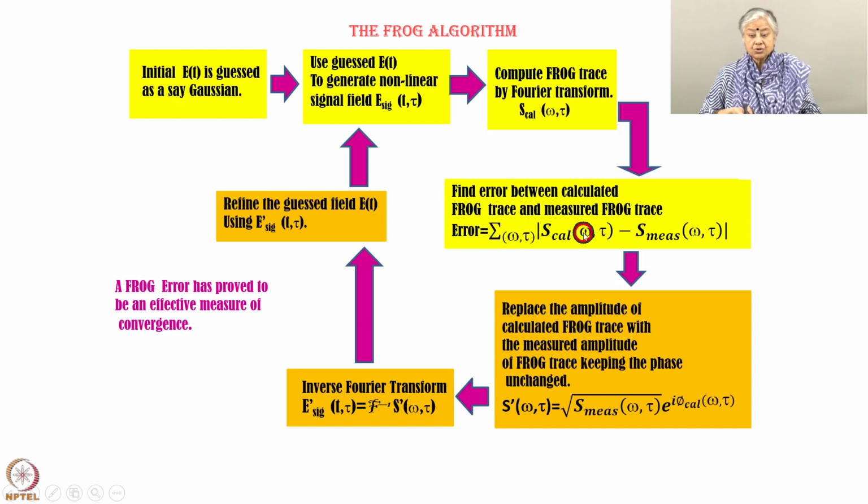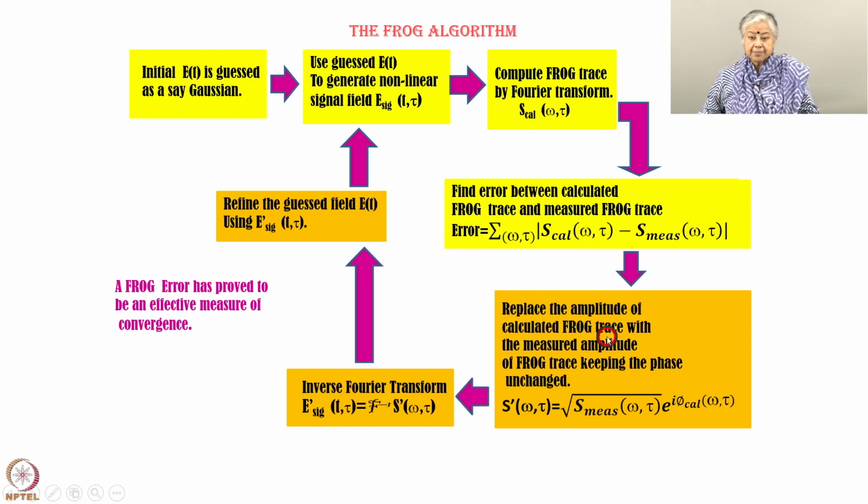So, the error is equal to S_calculated(omega, t) minus S_measured; in this case I have put S_measured in place of S(omega, t) just to distinguish between calculated and measured. I take this subtraction and I see whether the error is very large or both of them are similar. When I start with my first guess, I am sure they will not be similar. There will be a difference. So, I have an error and I keep that error aside.